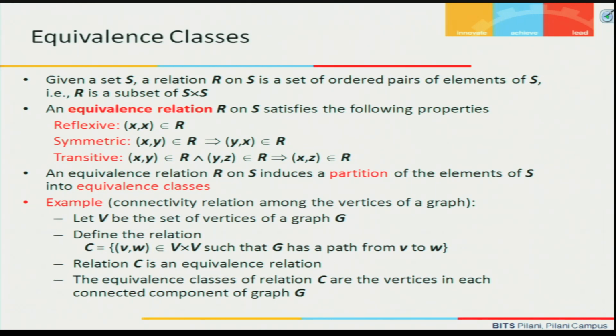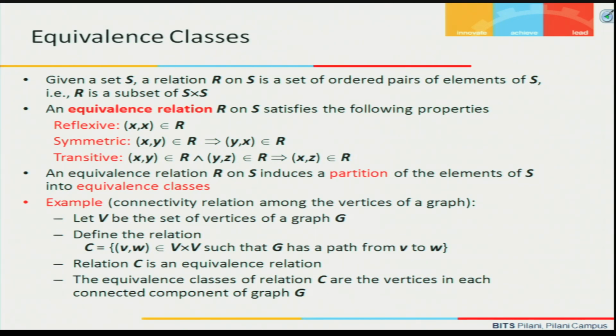That is, you always have a path from V to V whose length is 0. And crucially, the partition induced by this equivalence relation precisely gives us the connected components of the graph.